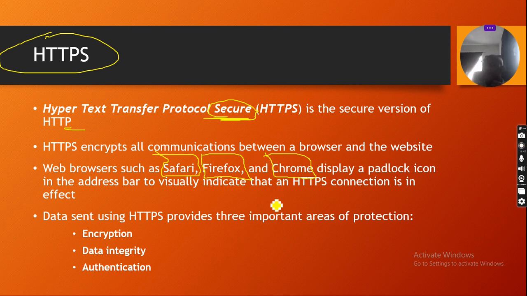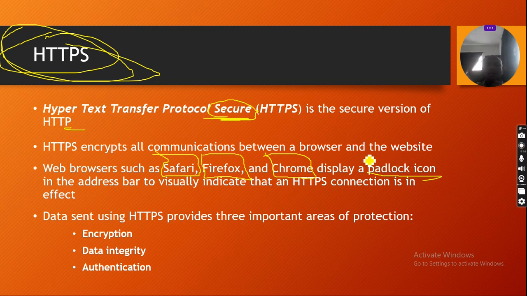We also have Internet Explorer, which has now changed. It's called Edge by Microsoft. That's another browser. These are called web browsers: Safari, Firefox, Chrome. These web browsers display a padlock if they have HTTPS, the Hypertext Transfer Protocol Secure.